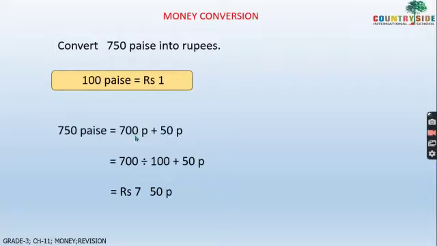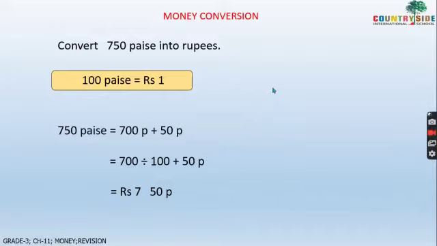Now 700 paise, how you can convert children? 700 divided by 100 and 50 paise will be as it is. So 700 divided by 100 is equal to rupee 7 and 50 paise will be as it is. So your answer is rupee 7 50 paise. Like this you have to convert.